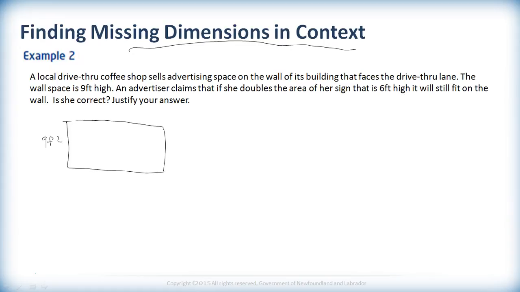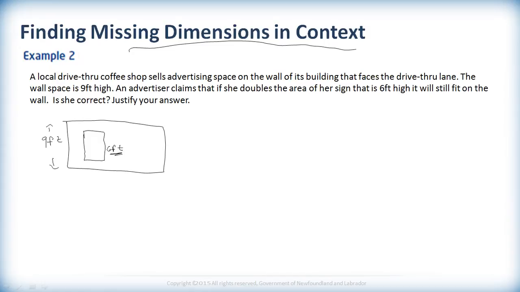An advertiser claims that if she doubles the area of her sign, that is 6 feet high, it'll still fit on the wall. Well, you might be suspicious with that, because intuitively we would think that if we double 6 feet, we're going to get 12, and that ain't going to fit on a 9-foot wall. But let's see what actually happens.